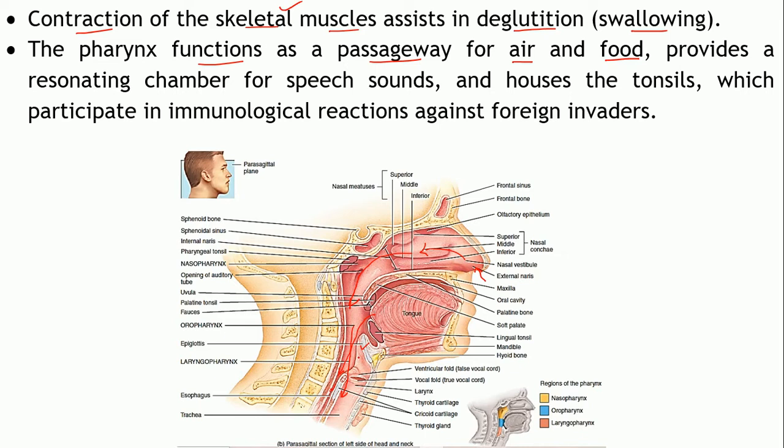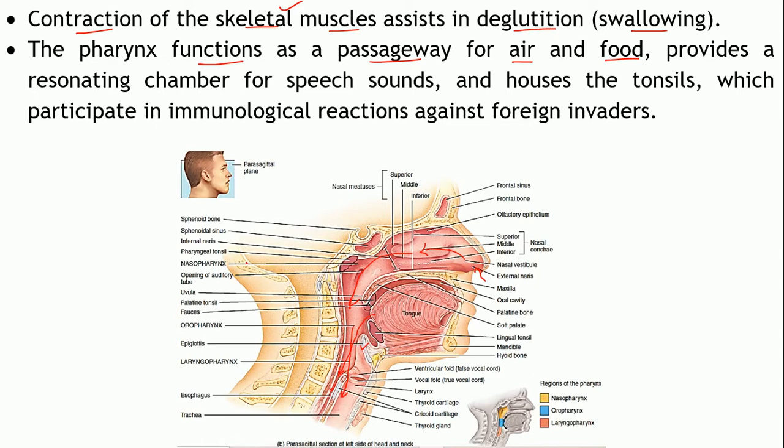By mistake, if it enters into the larynx, you will cough it out. So it acts as a passageway for both the air as well as food. So it's a part of both the respiratory system as well as the digestive system.